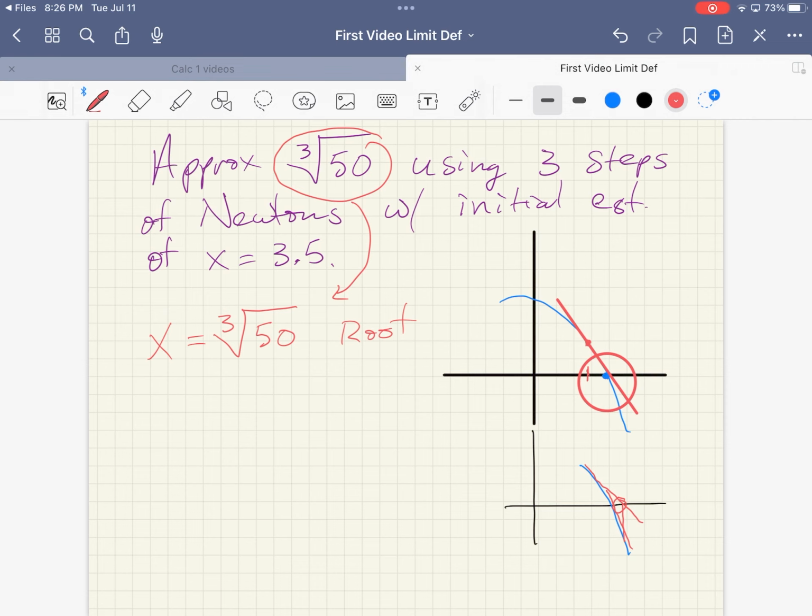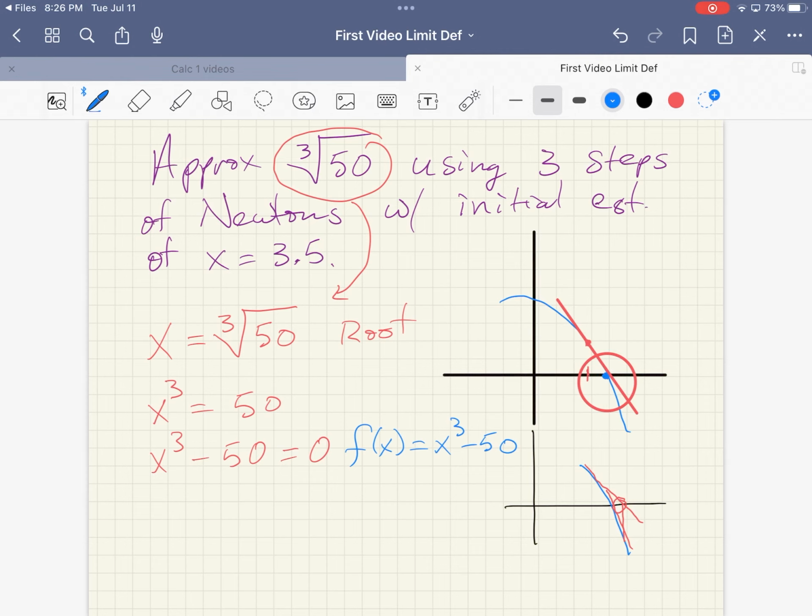Well, if I solve that, I'm going to cube both sides, so I would have x cubed equals 50, and then x cubed minus 50 equals 0. And notice that the cubed root of 50 is a solution to this. So this will be my function here, f of x equals x cubed minus 50.